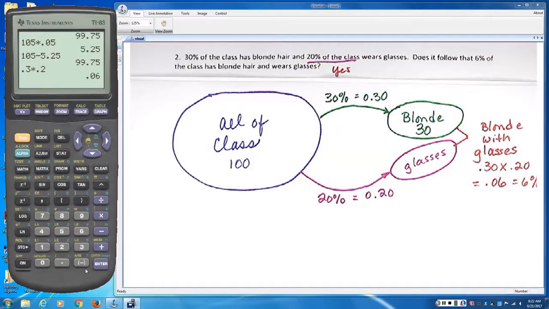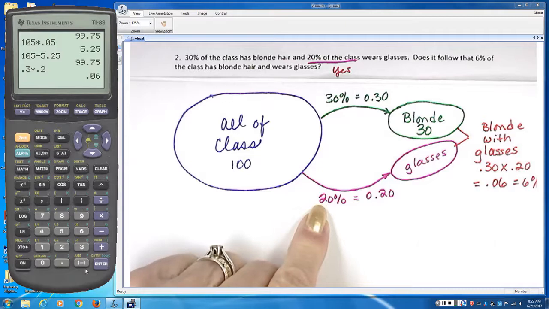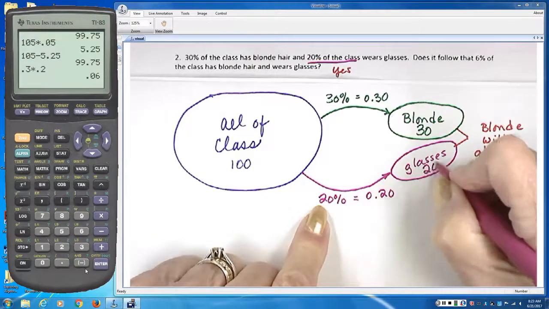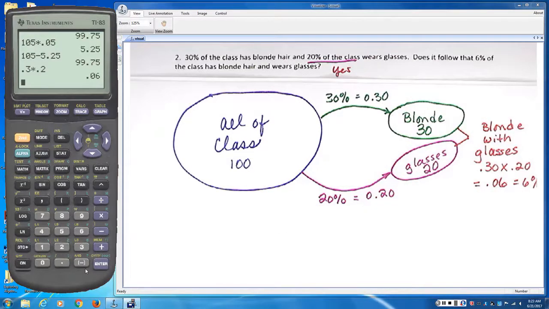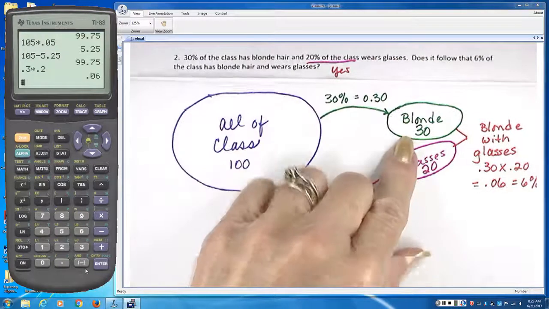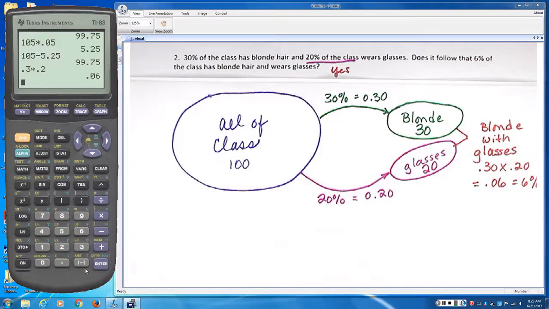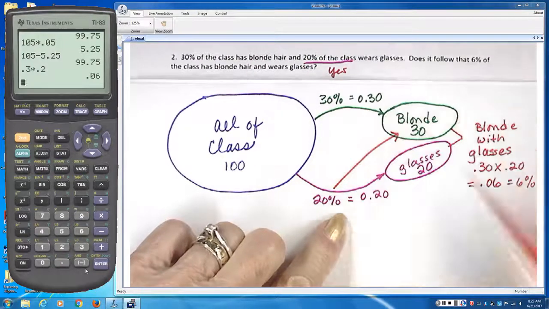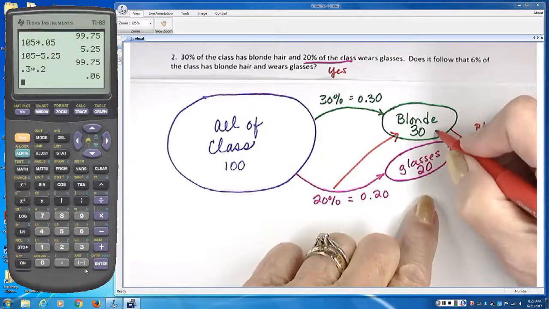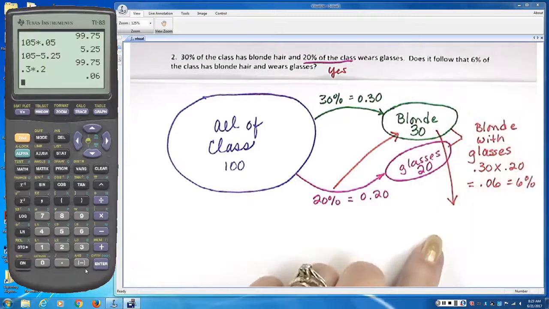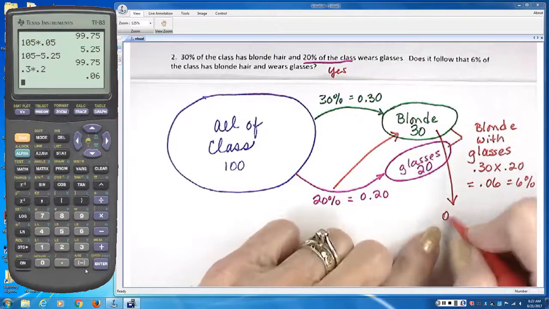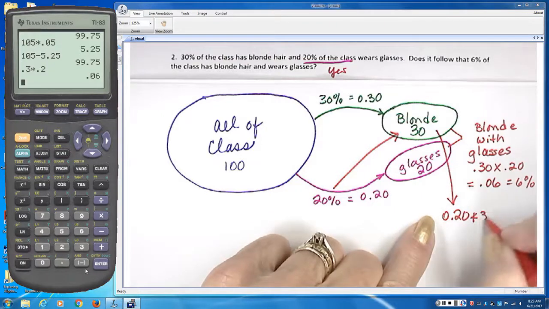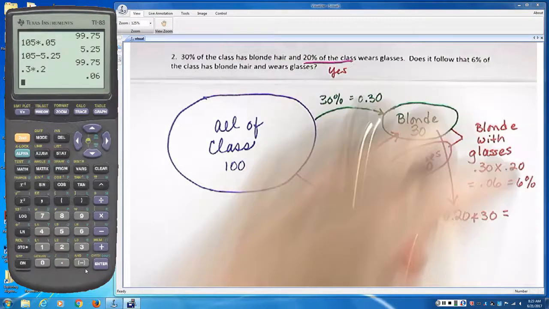And it also means that we have 20%, or 20 out of 100, of the whole class wearing glasses. But that also means, since this 20% applies to the blondes as well, 20% of the blondes also wear glasses. So 20% of those 30, and the question is, does that come out to be 6 students?